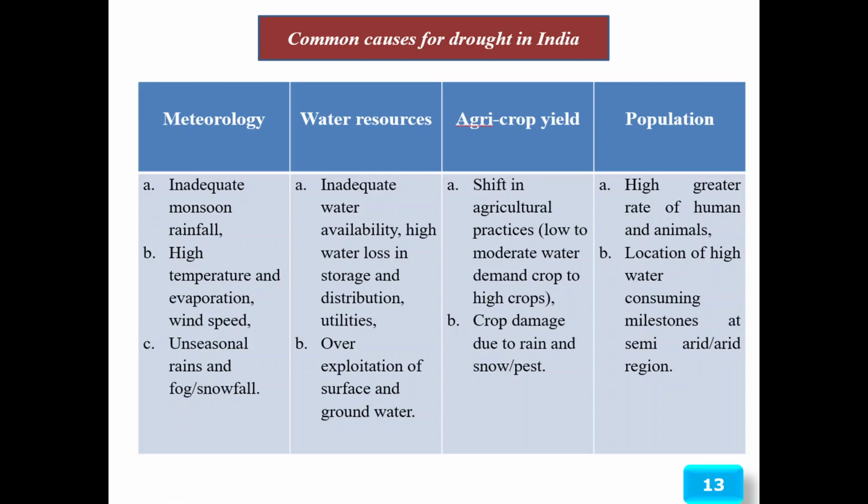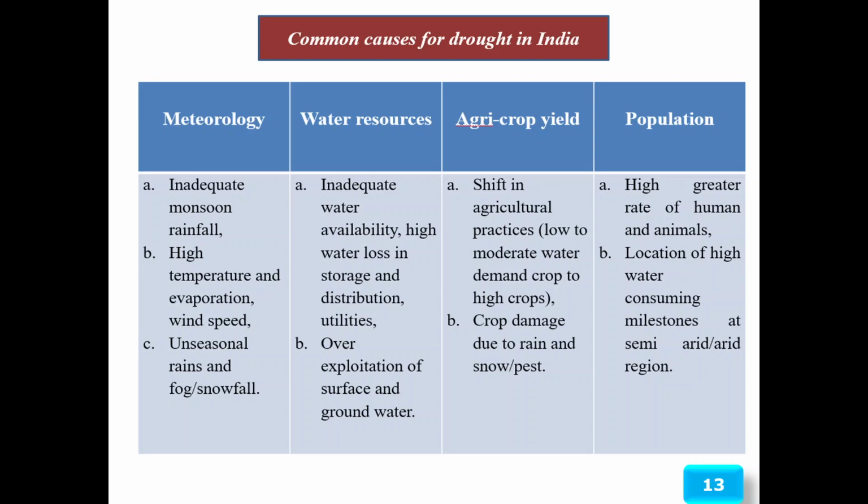So the common causes of drought in India: meteorological, water resources, agricultural crop field, then population. The meteorological causes: inadequate monsoon rainfall, high temperature and evaporation, wind speed, unseasonal rains and fog and snowfall. Whereas the water resources causes: inadequate water availability, high water loss in storage and distribution utilities, over-exploitation of surface and groundwater.